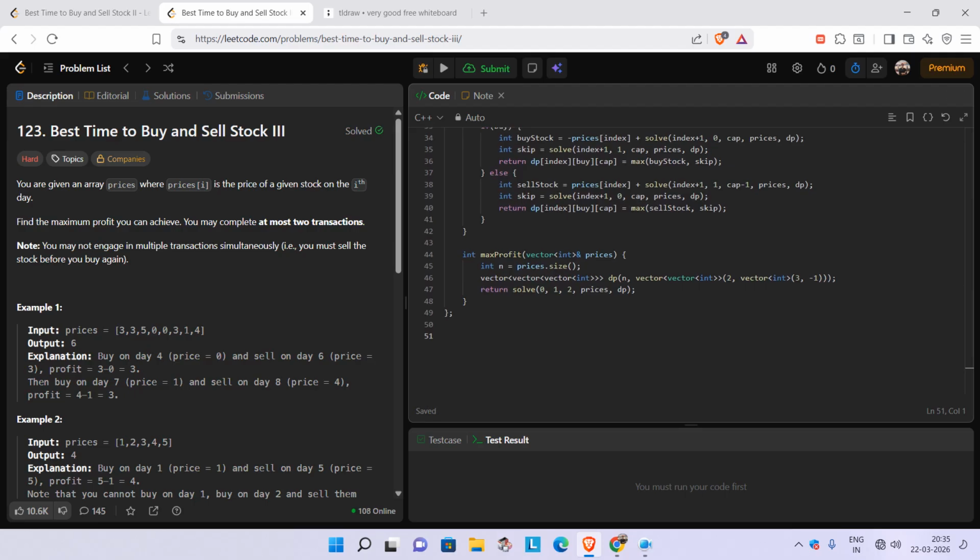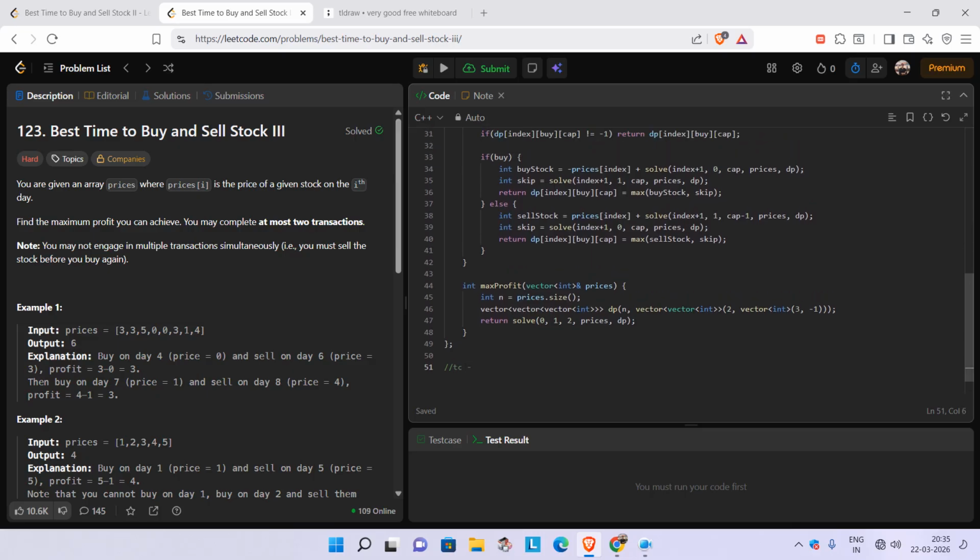For the DP, this is the memoization version, and it is still the same code, the only thing is we use the DP.